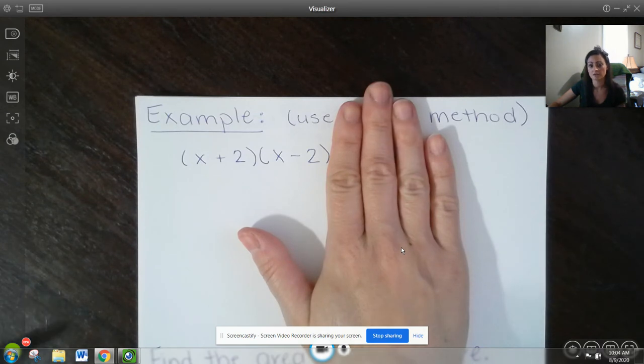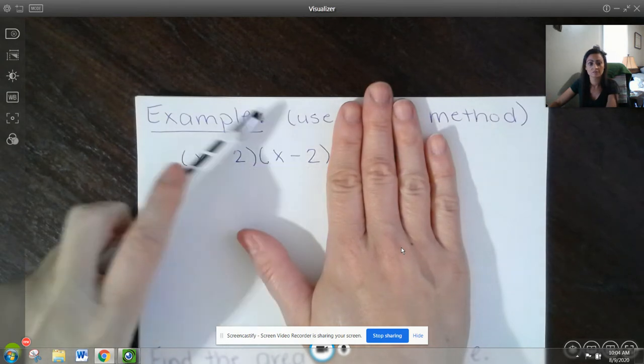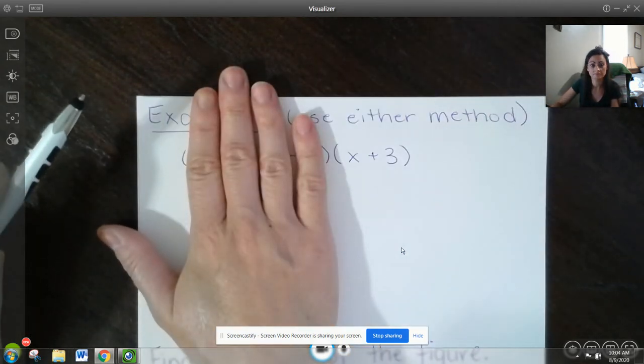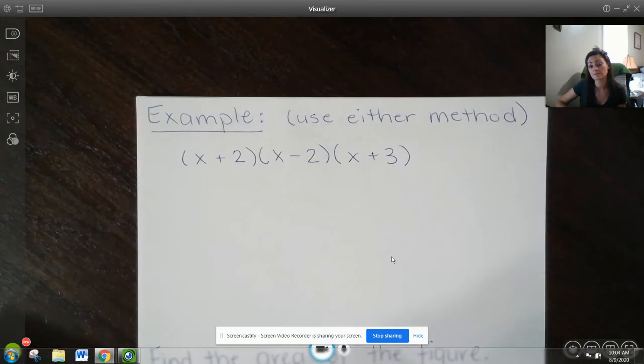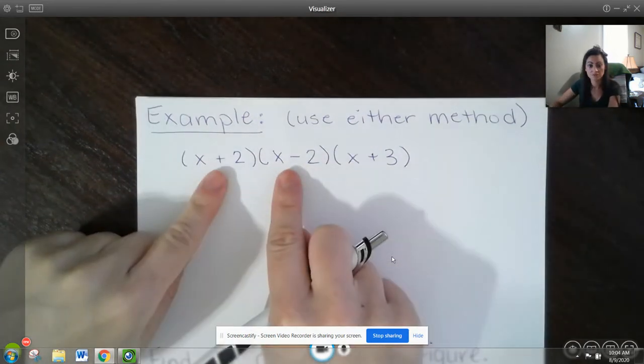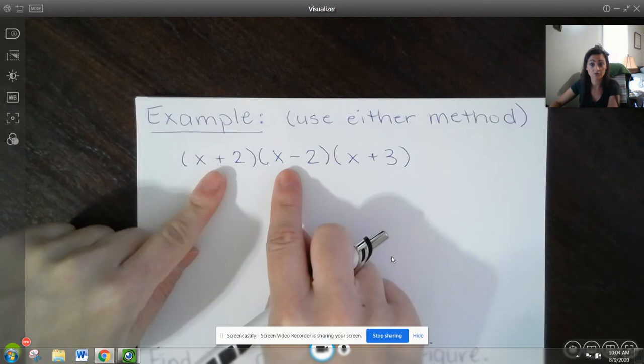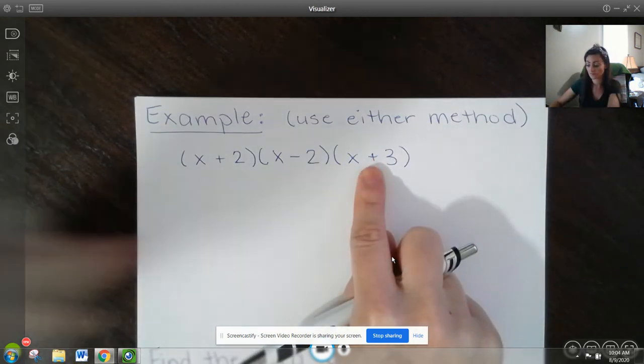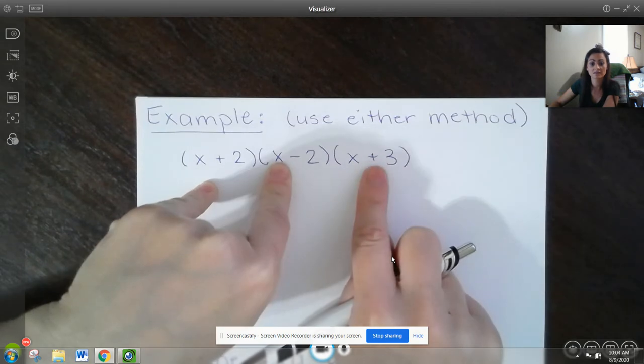Then you'll create a statement with another set of parentheses with whatever this has multiplied to be, and that. If you're doing the box method, you're going to do the box twice. You're going to do the box with 2 of them, get your answer, and then do a box with your answer from the first portion and this.